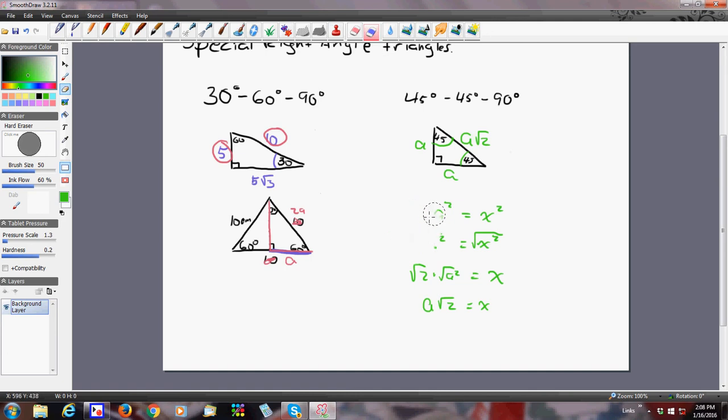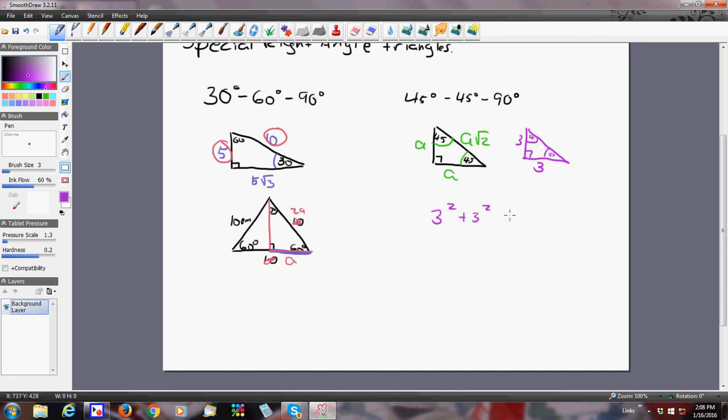Now, I'm going to erase this. I'm going to plug in some numbers real quick. Let's say I had a triangle, and it was something like this. This was 45, this was 45, this is 3 and 3, and I wanted to find that. If I said 3 squared plus 3 squared equals X squared, I would get 9 plus 9 equals X squared.